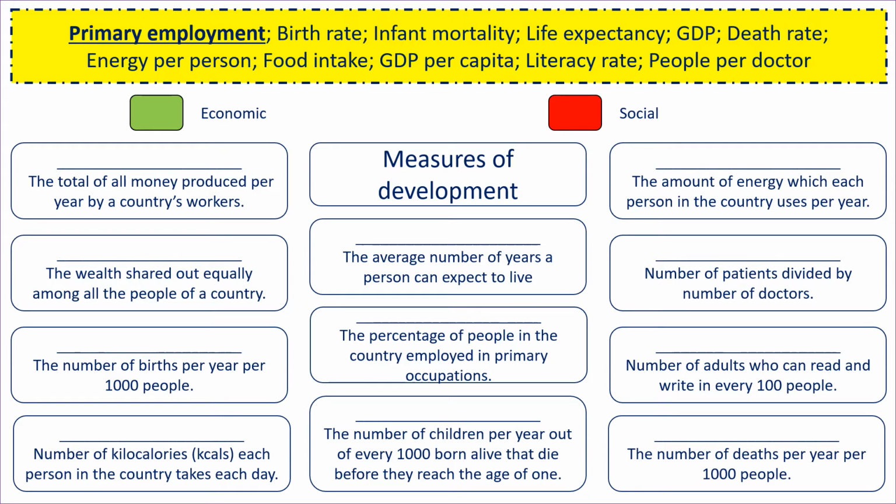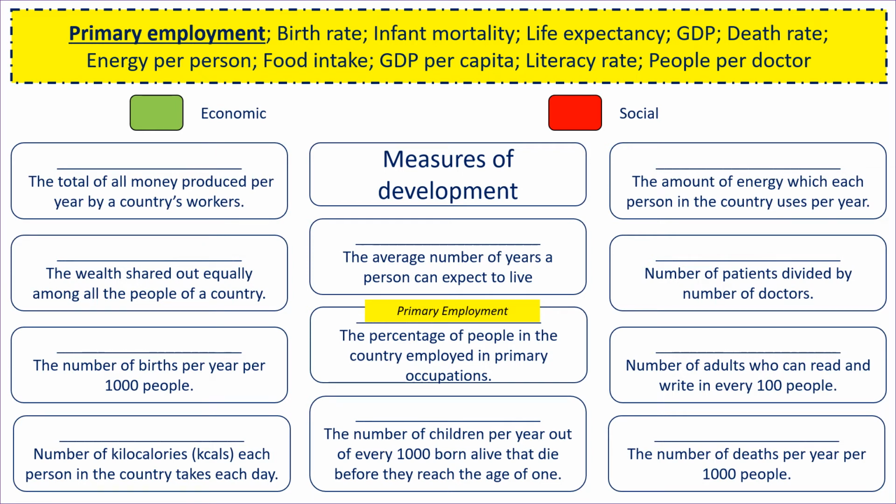So to give you an example, if we look at primary employment, what you can do is you can either print this slide off or you can write it on the PowerPoint yourself. But we're looking at the definition of primary employment, and we can see it here. Primary employment is the percentage of people in the country employed by primary occupations. A primary job would be something like agriculture.